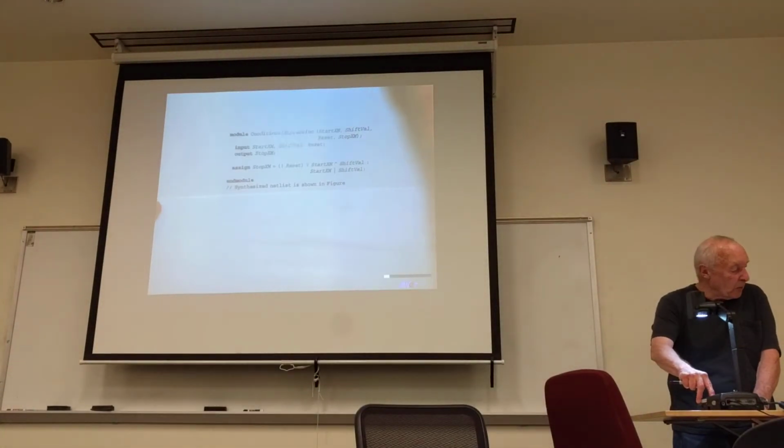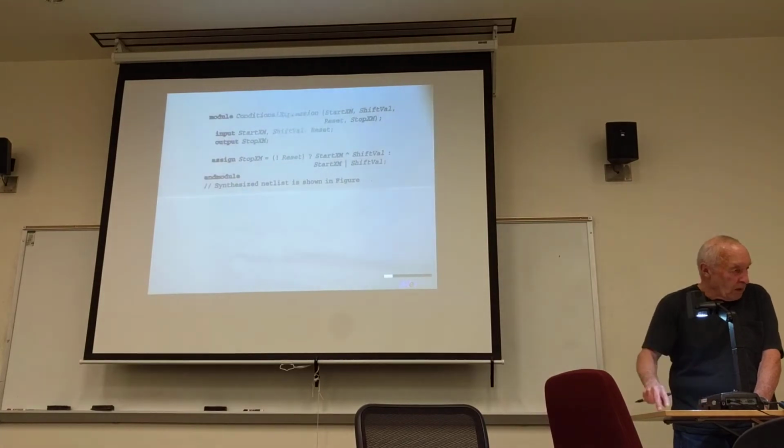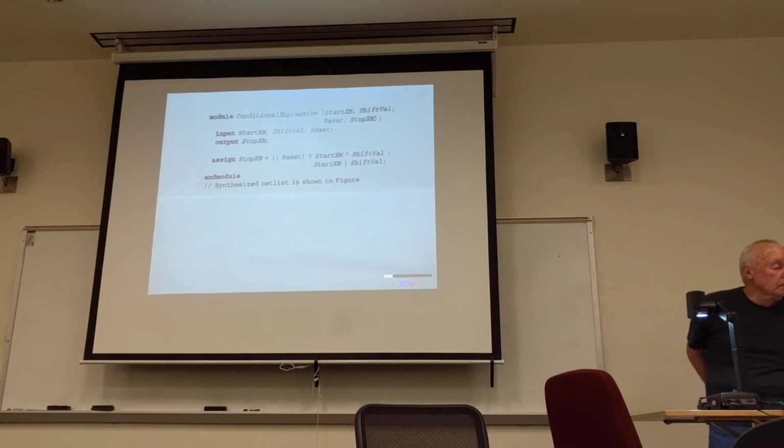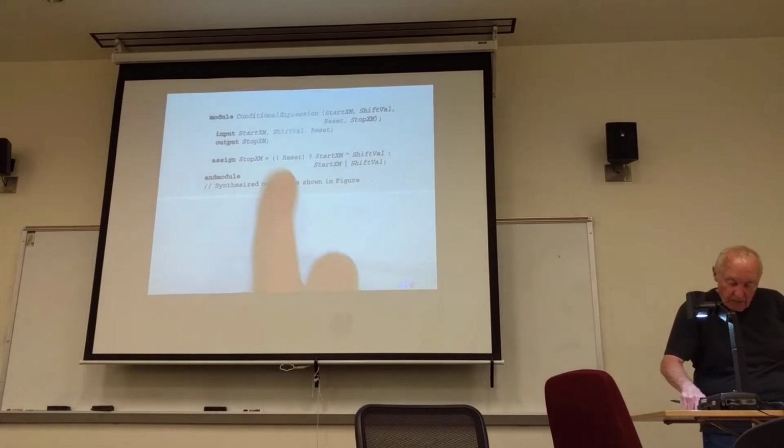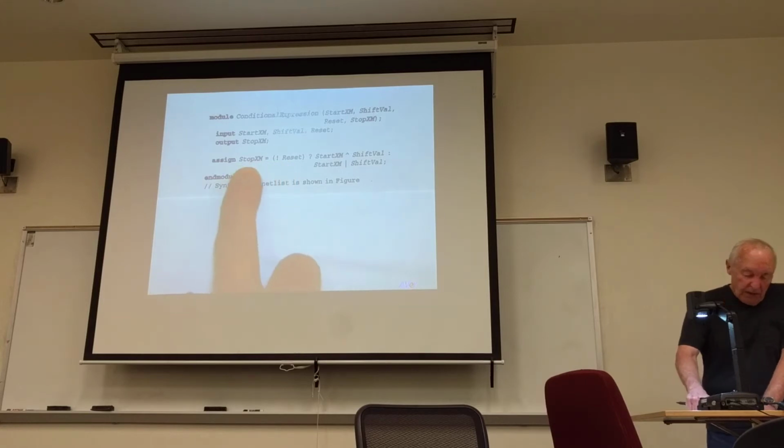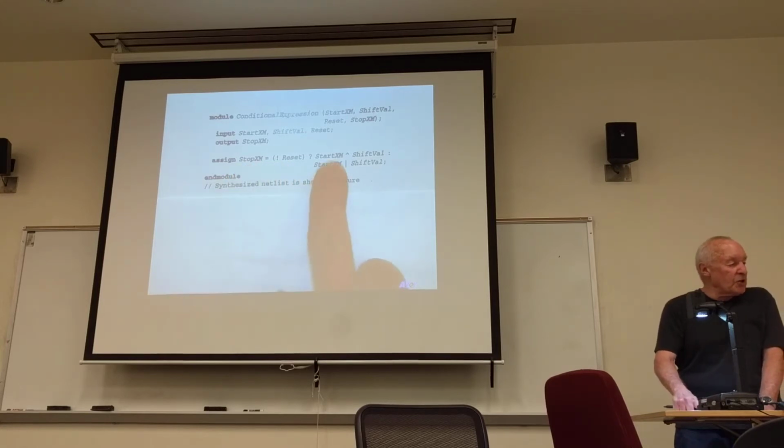In this example, we're now going to deal with conditionals, where stop XM, if the reset input is a logic 0, notice it's complemented, then stop XM is going to be start XM exclusive OR with shift val.